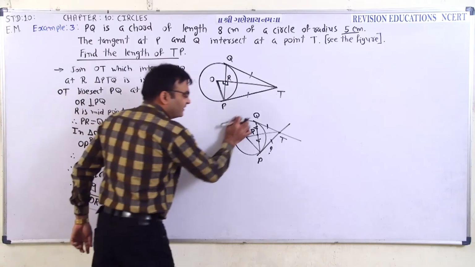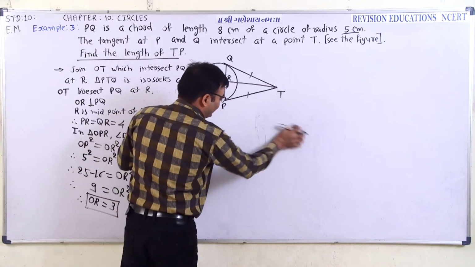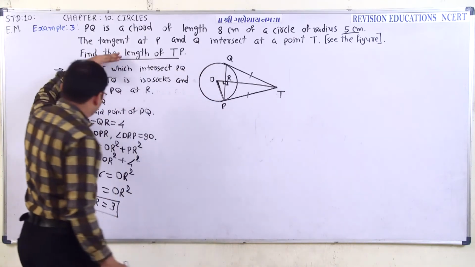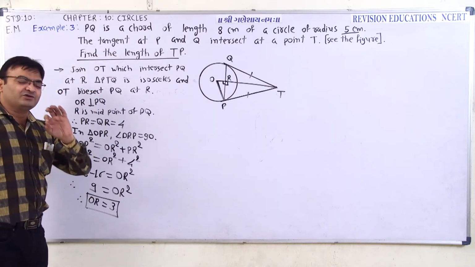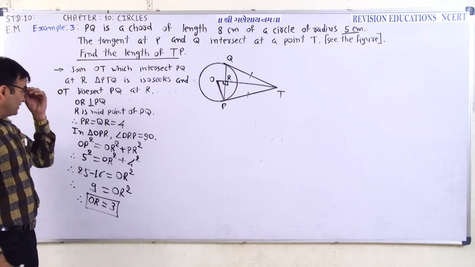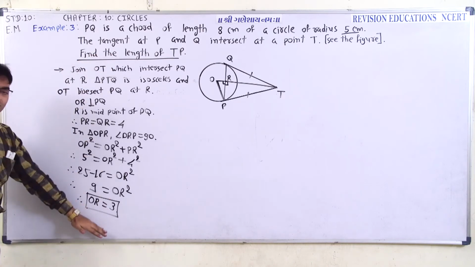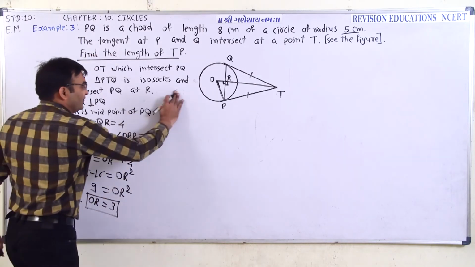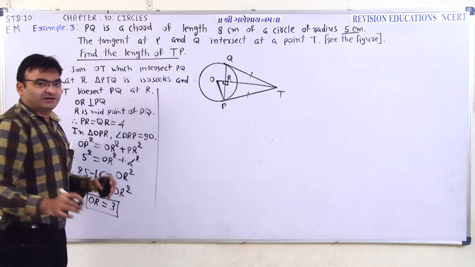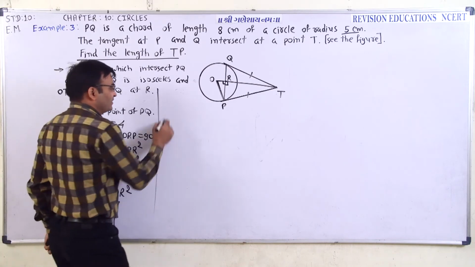There are 3 or 4 methods to solve this sum. Here I explain the first two methods. You can use any method, but before that you first have to write this. Here I explain the method of tan theta.